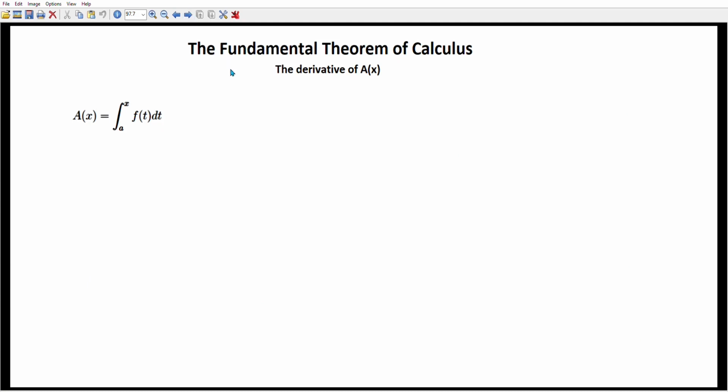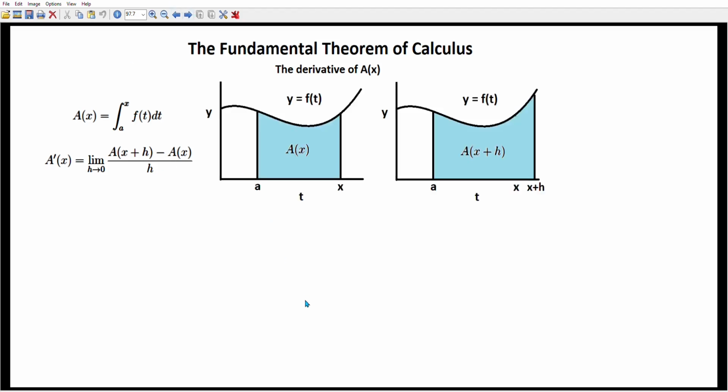Now we ask the question, what is the derivative of this area function? So A of x is this integral from a to x of f of t dt. Again, a is some number we picked and x varies. The derivative is going to be the limit as h goes to 0 of A of x plus h minus A of x over h. And we want to see what that is.